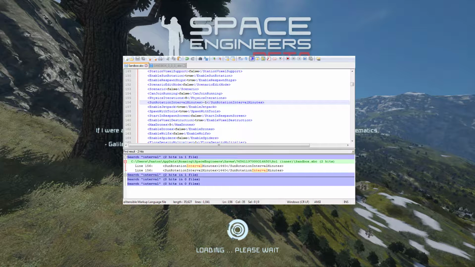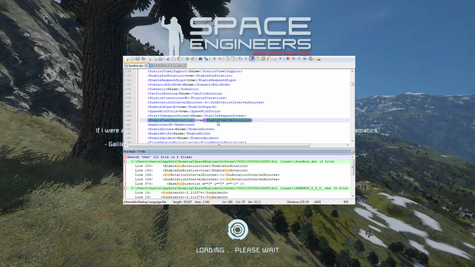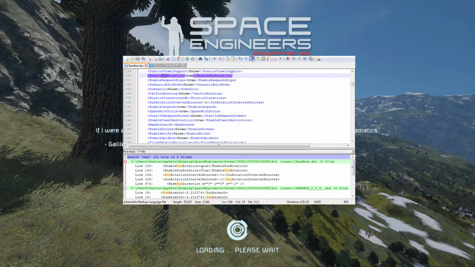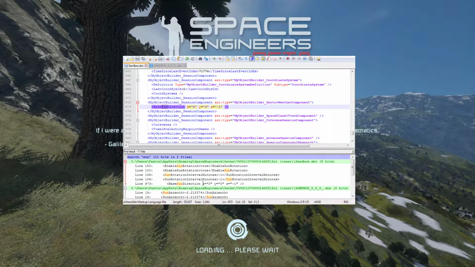So there are a few things that we can maybe look at while it's loading here as far as sun settings go. Rotate, enabled true, that's what we're messing with here, turning the interval negative. This is the direction the sun is pointing when you first spawn it in a fresh world on a planet.